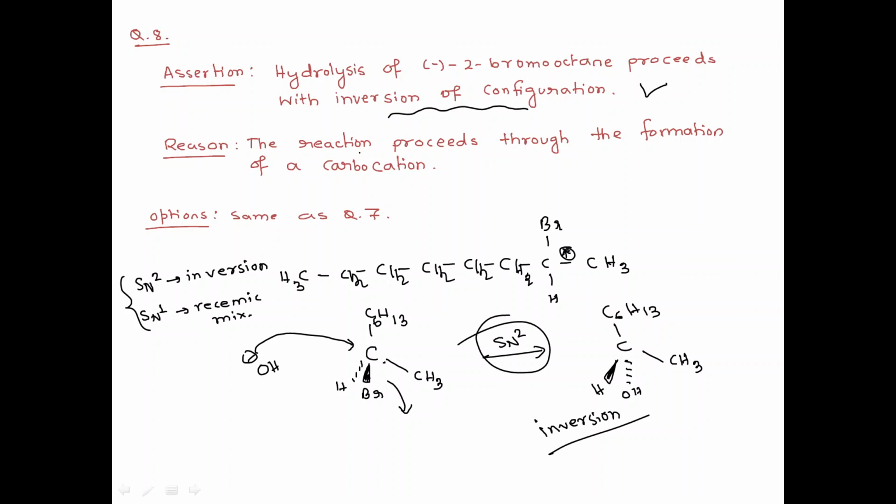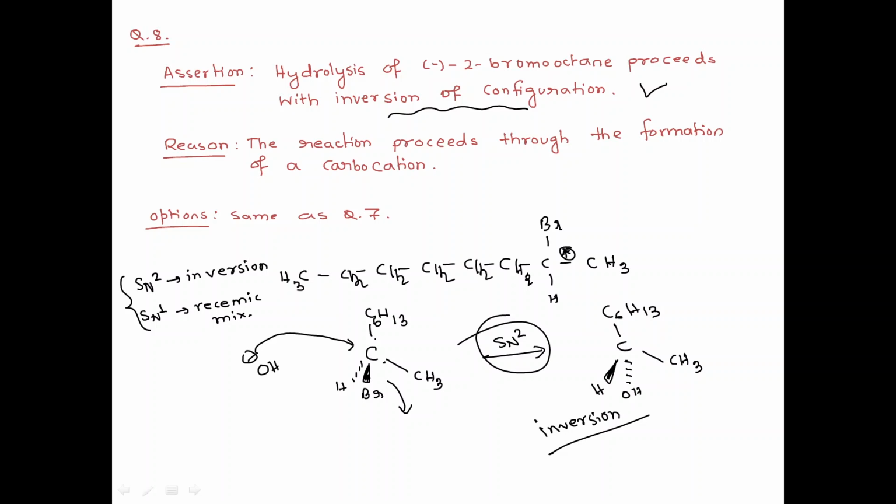Now the reason says the reaction proceeds through the formation of carbocation, but we know that carbocation formation only happens in the SN1 pathway. For the SN2 pathway, it is a one step reaction: the nucleophile attacks and the leaving group leaves, so there is no carbocation formation.